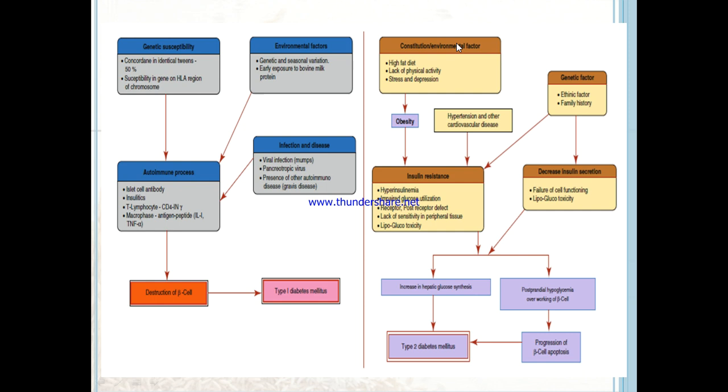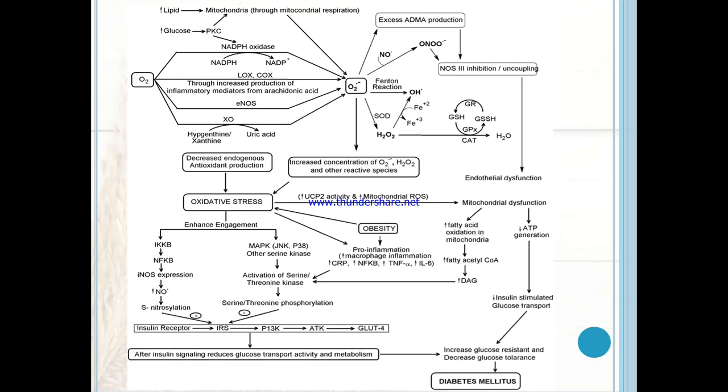The other cause is insulin resistance. In insulin resistance, the production of insulin is normal or more than normal, but the body or the tissues are not responding to the insulin, so that is called insulin resistance. So these are the two reasons for type 2 diabetes mellitus.